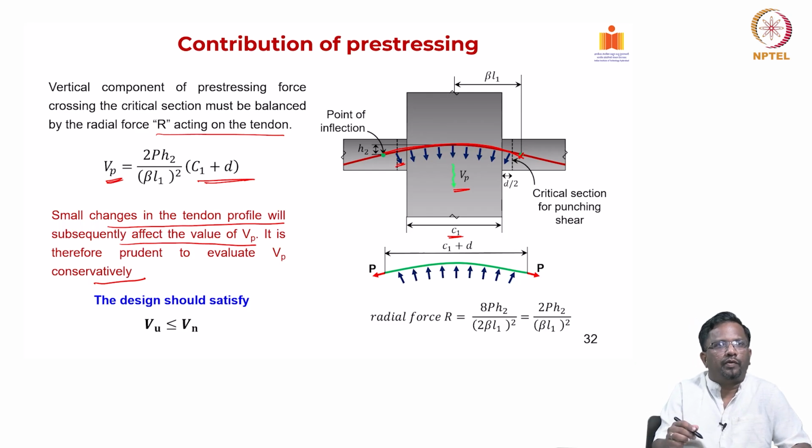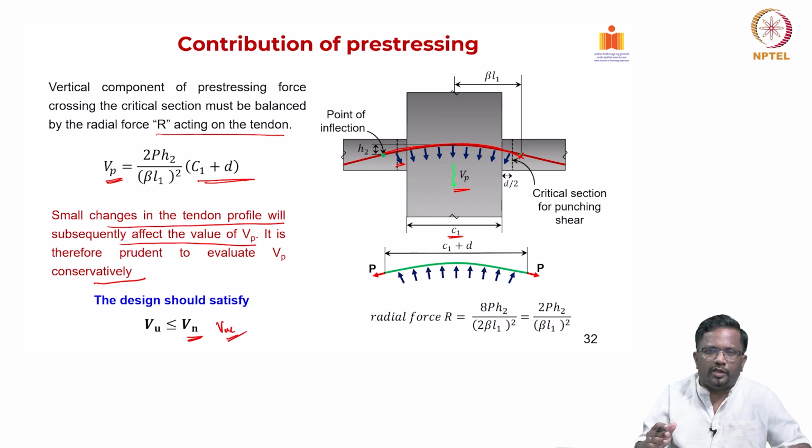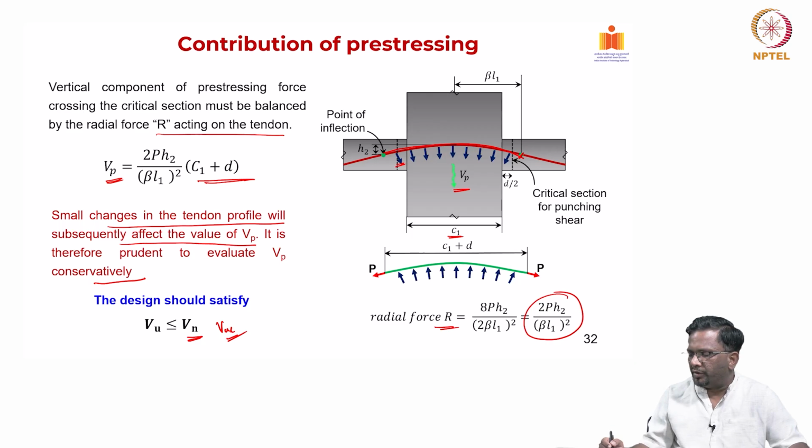So finally when you do all those things, you estimate your capacity, or VUR I should say, right. So the demand has to be less than your capacity, right. So this is what we said, the radial force, it comes from your slope change. This finally will work out to be 2 into P into H2 divided by beta L1 whole square, right. So from here I can find out what is the vertical component force.